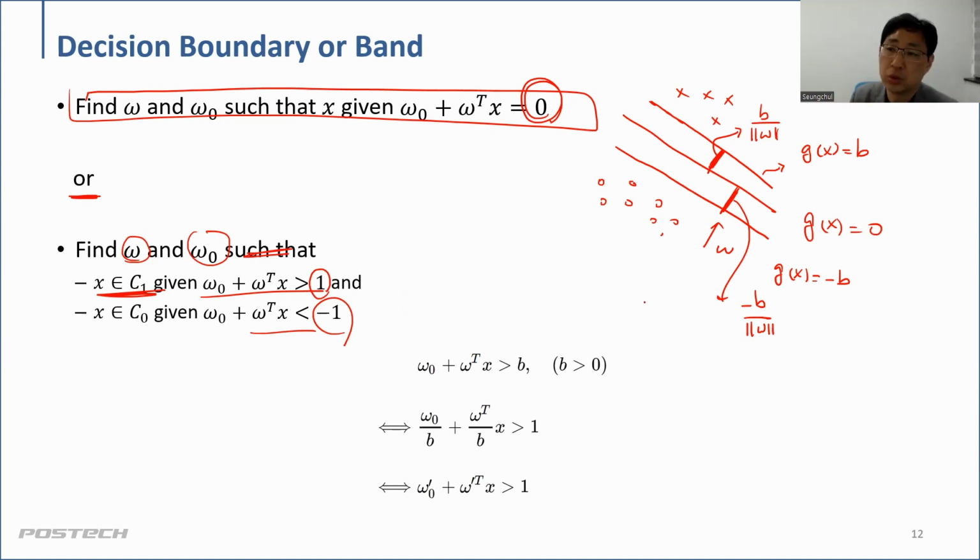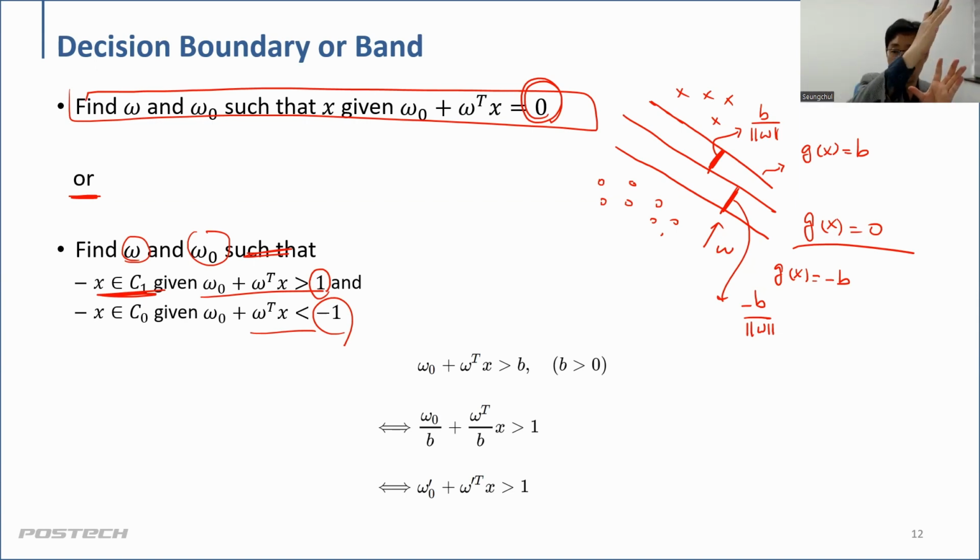If we are able to find any linear classification boundary, that means the data points are linearly separable. So we have two groups of data, right?